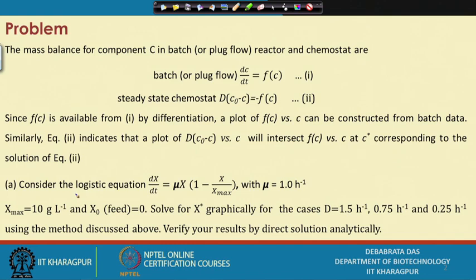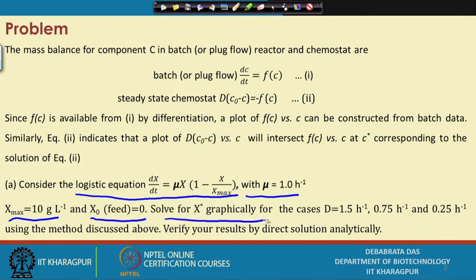Now, the problem is that, considering the logistic equation dx by dt equals mu x times 1 minus x by x max, mu equals 1 per hour, x max is the maximum cell concentration, 10 gram per liter, and x0 in the feed is 0.